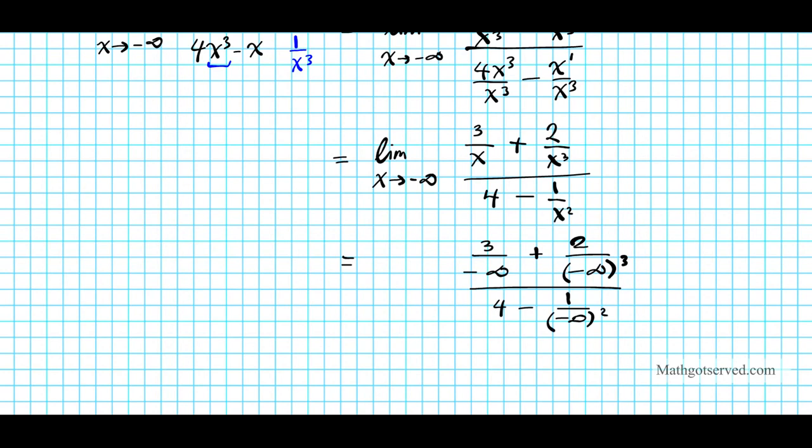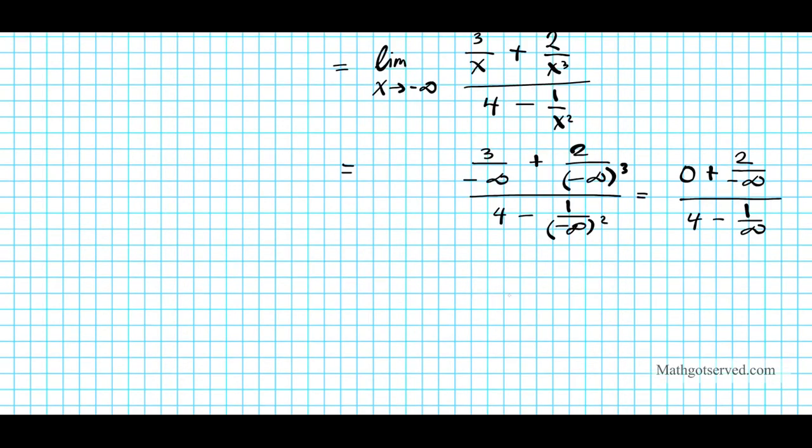Okay? All right, so let's simplify this. You're going to have 3 over infinity. Remember, any number over plus or minus infinity is just 0. It collapses to 0 plus 2 over negative infinity cubed, which is negative infinity, divided by 4 minus negative infinity squared, which is just infinity, so 1 over infinity.